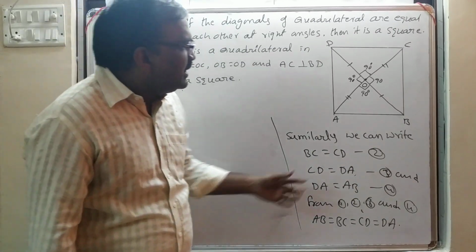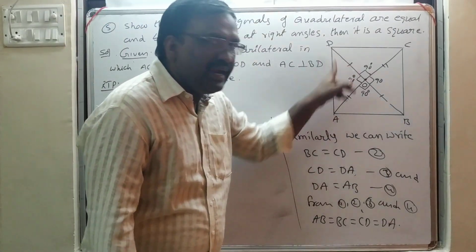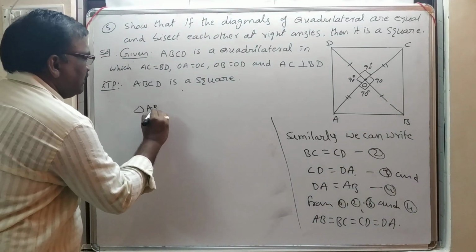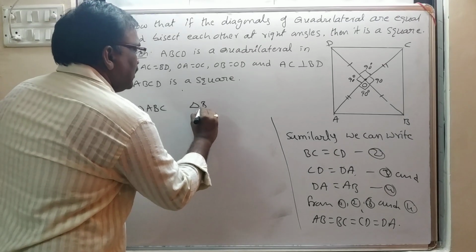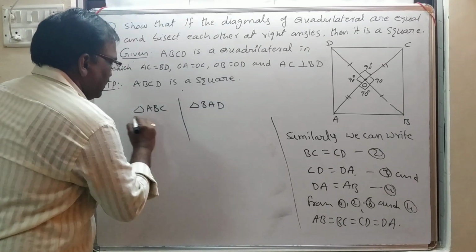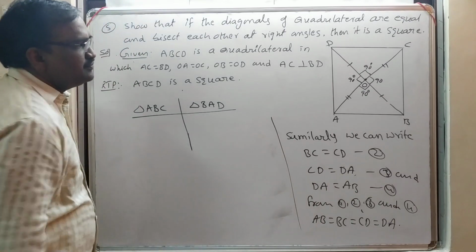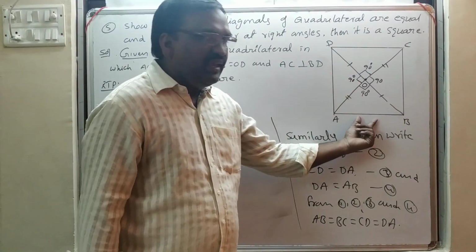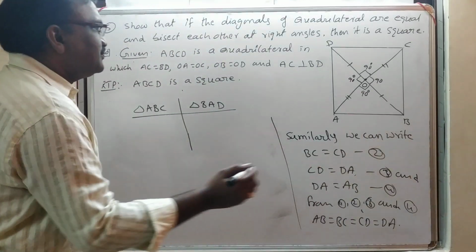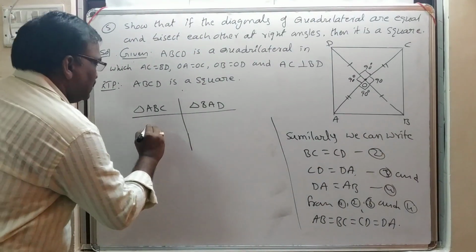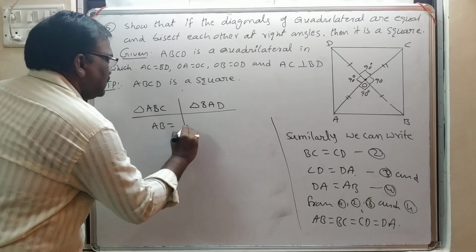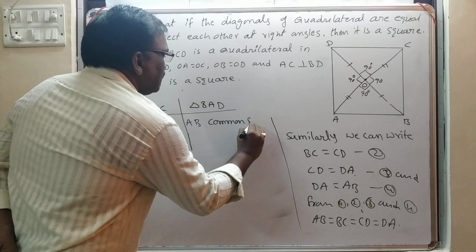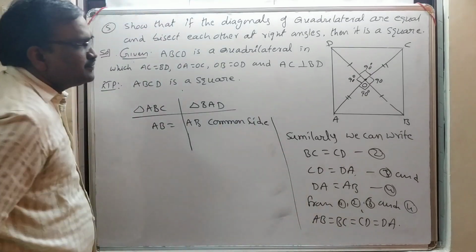Next, the triangles ABC and BAD. Triangle ABC and triangle BAD. Observe what are equal. AB is AB, the common side.